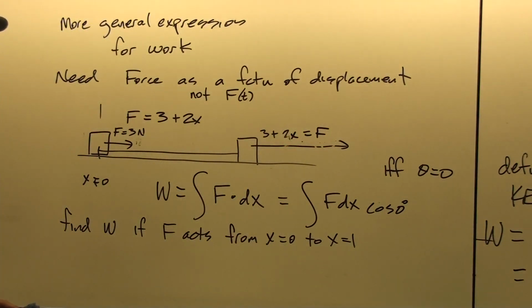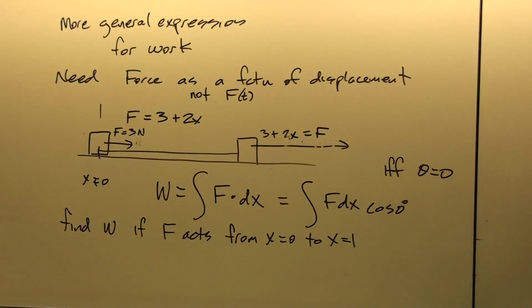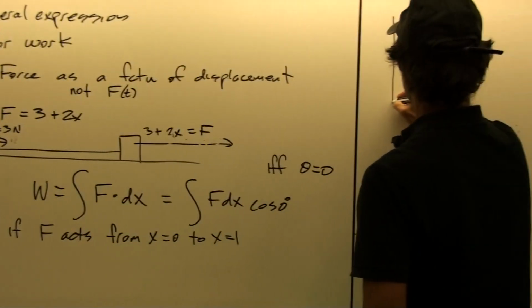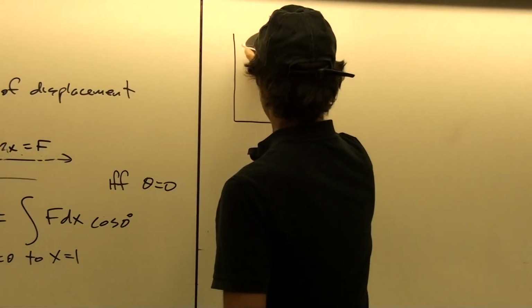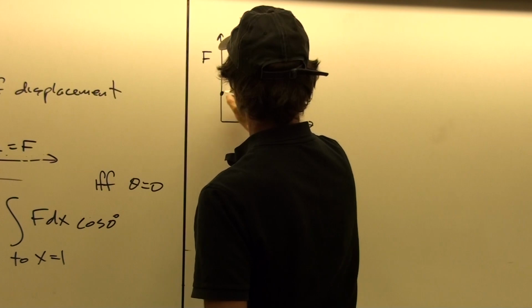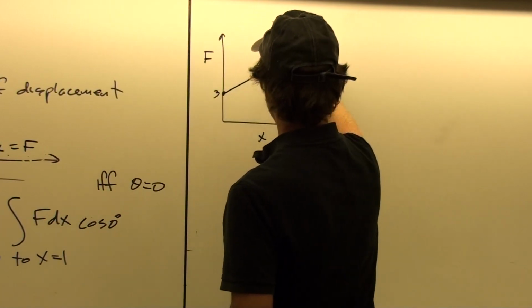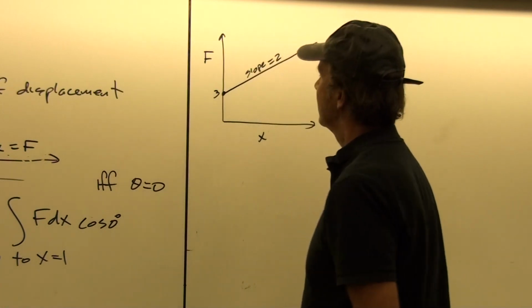So how would that look on a graph? Well, when we integrate something, we're finding the area under a curve. And that's a basic property of the antiderivative. So in this case, the work done would be the area under the force versus displacement curve. So at x equals 0, F is 3, and the slope of this line is 2. 3 plus 2x.